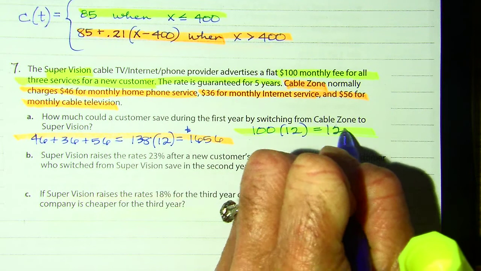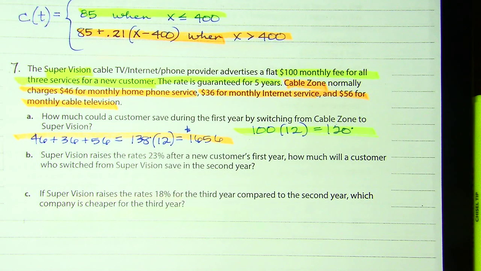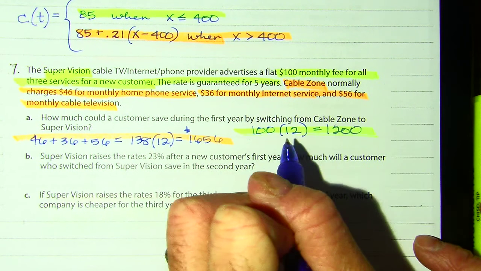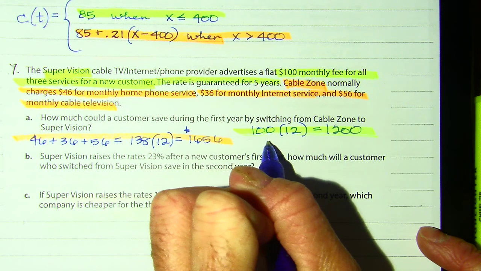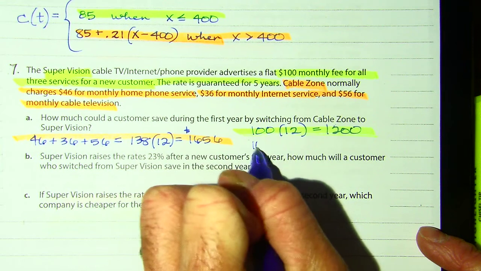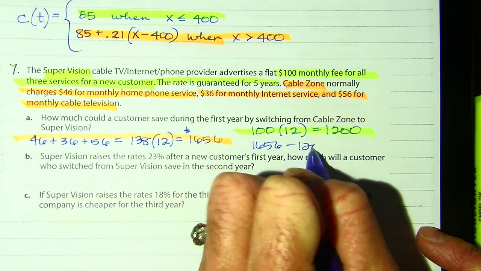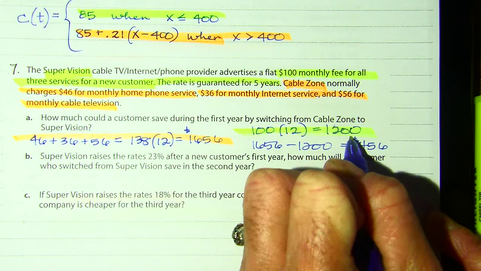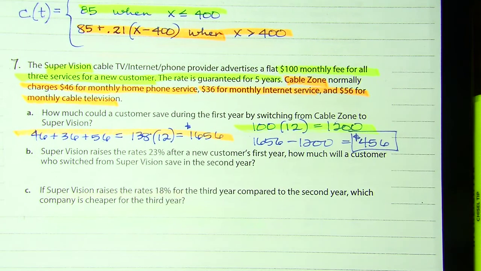That's $1,200. I did that wrong as well in my notes. So how much are they saving? $1,656 minus $1,200, they would save $456. Okay.